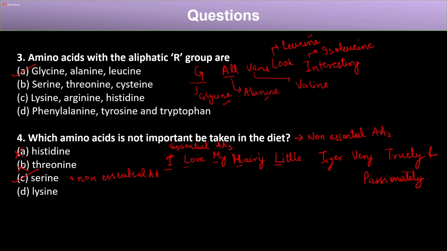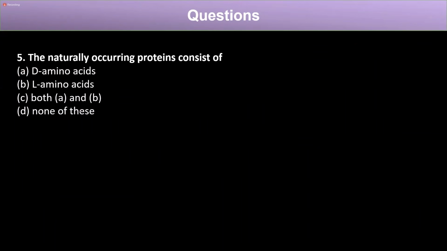Okay. So now the next question is, the naturally occurring protein consists of. What we saw is that naturally occurring proteins are made up of L amino acids, right? We had two types of amino acids based on their ability to rotate plane polarized light.